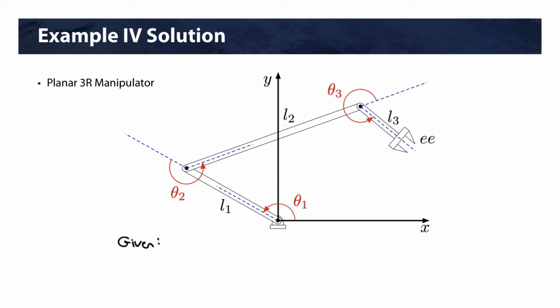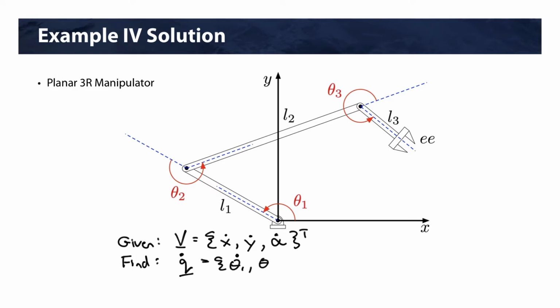So we'll be given V, which would be x dot, y dot, and alpha dot. And we want to find Q dot, which is theta 1 dot, theta 2 dot, and theta 3 dot for this example.